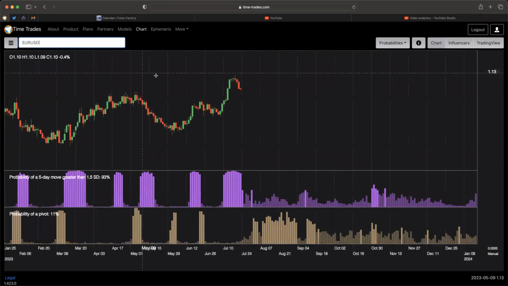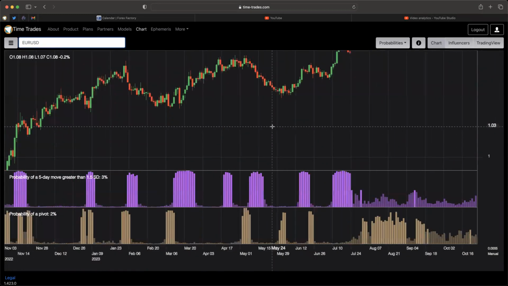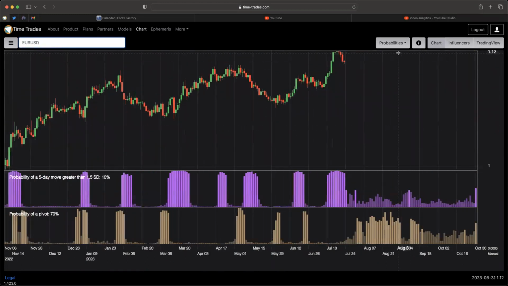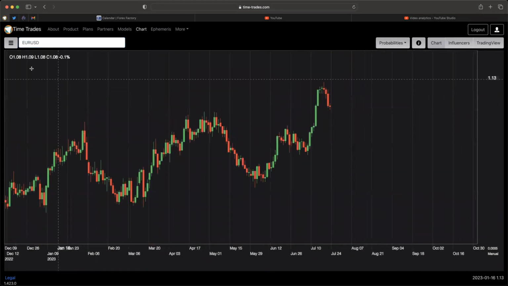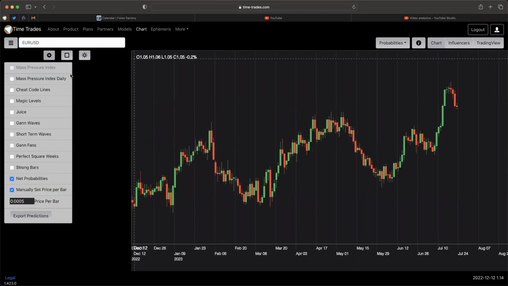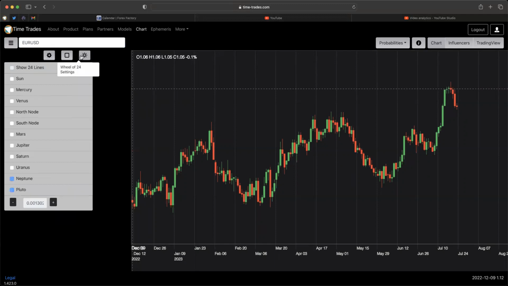Especially for lower priced stocks and Forex and crypto, anything under $1 or around $1 had a not great experience in working with the Wheel of 24 planetary lines. That has been fixed. So I want to show that to you here. All this, of course, is available to you to try and use at timetrades.com.